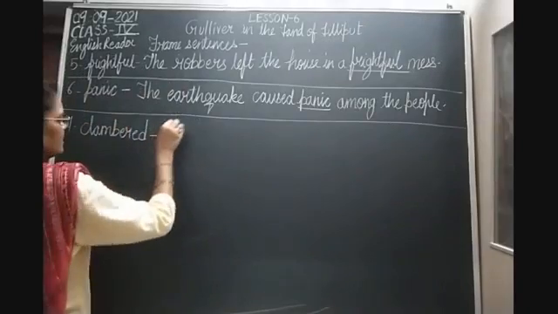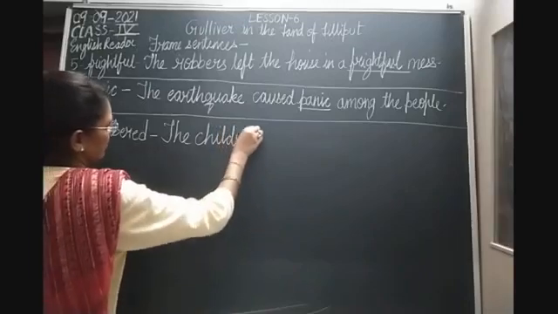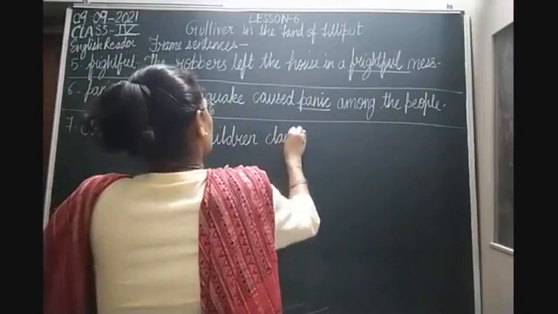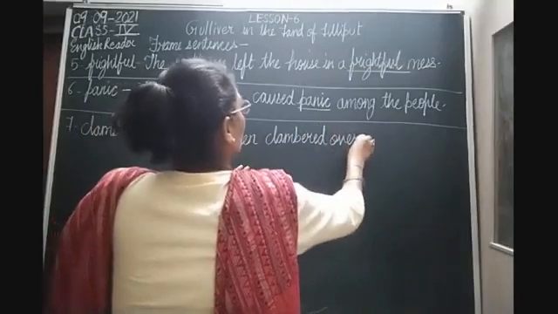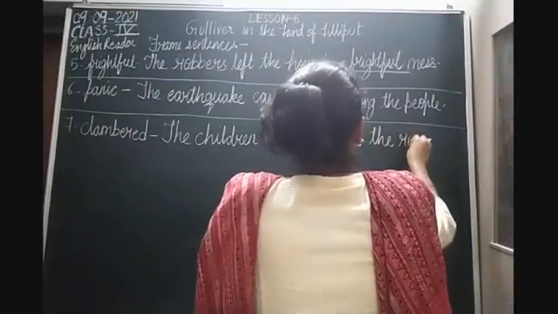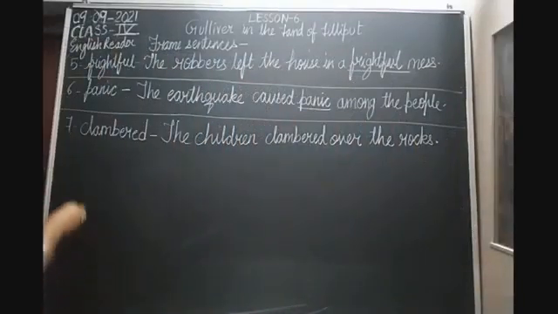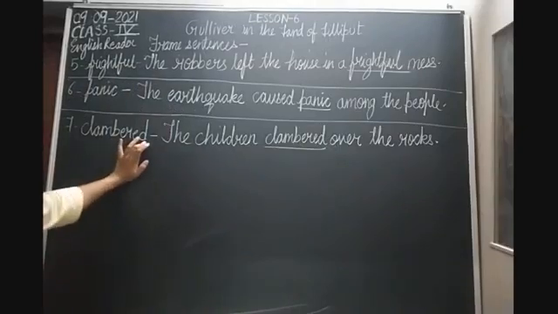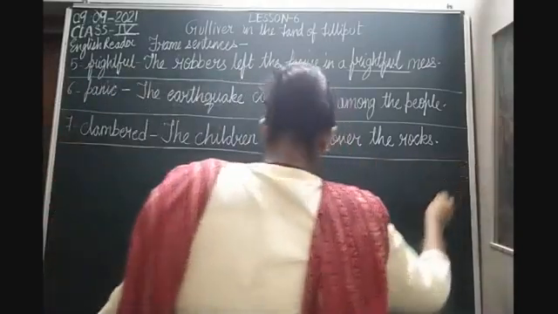And the sentence is, the children clambered over the rocks. The children clambered over the rocks. Clambered, climbed with difficulty, and the sentence is the children clambered over the rocks.